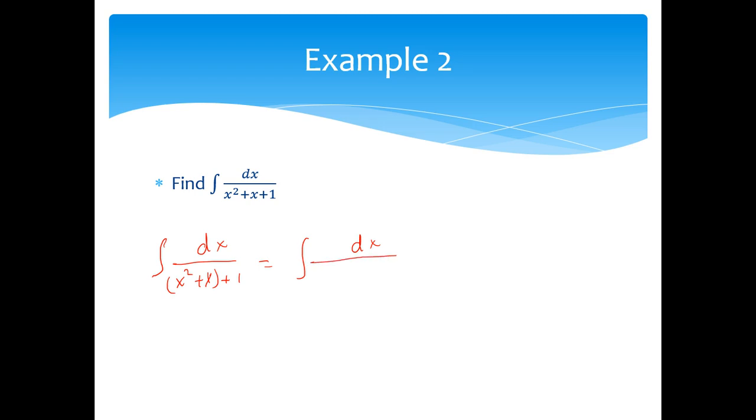So x squared plus x would be equal to x squared plus x plus 1/4, plus 1 minus 1/4.